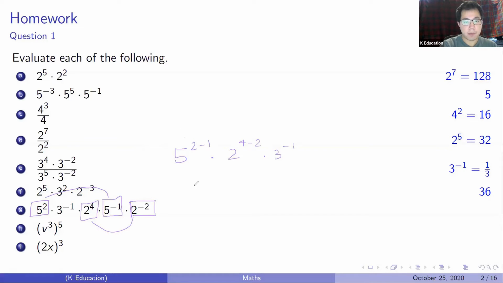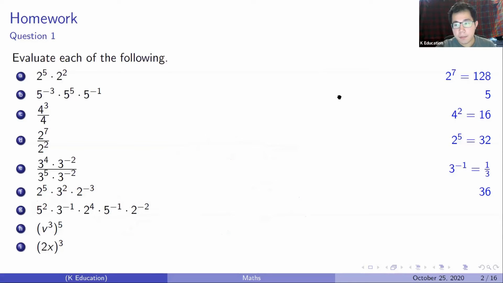So this is, of course, 5 times 2 squared times 3 to the minus 1. So you can't do any more. You can't add the powers because the bases are not the same. So it's just 5 times 4 times a third. So this is 20 times a third, which is 20 over 3. If you want, you can express it as a mixed fraction. So 6 2/3.